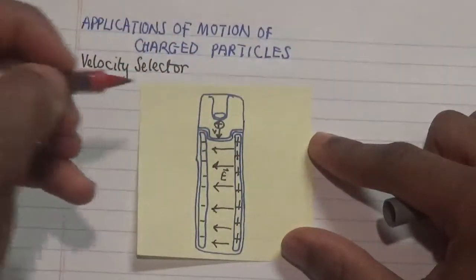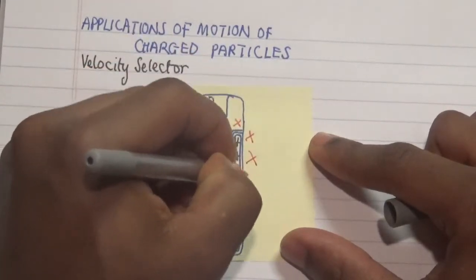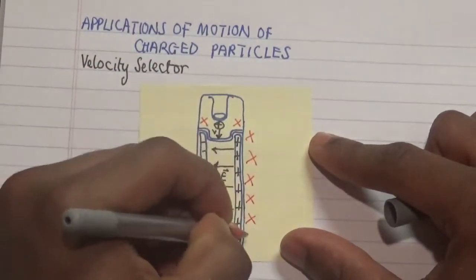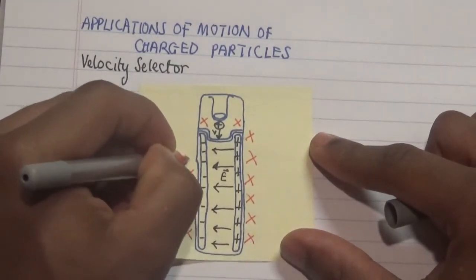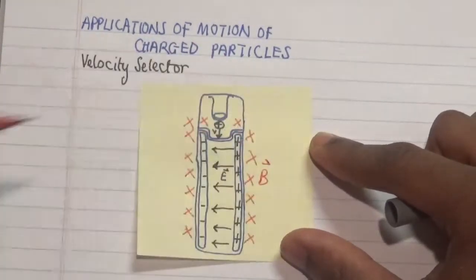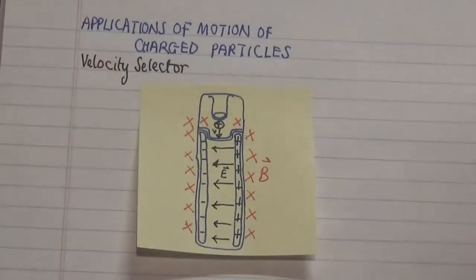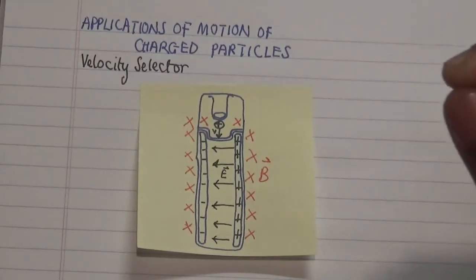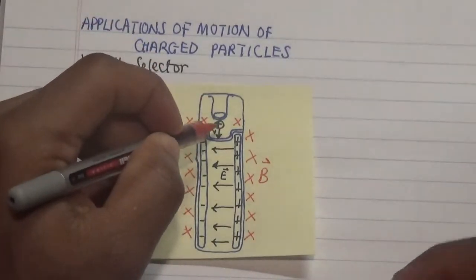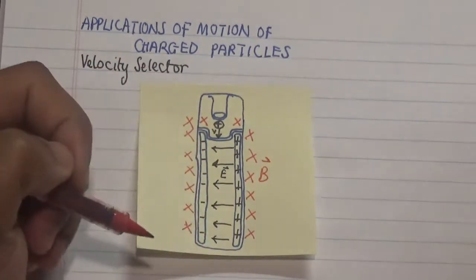The magnetic field is around this particular channel chamber, and it's pointing into the page, which is represented as X in here. So once I introduce that, I can combine both properties into this chamber and subject my third property, which is a positive quantity of charge, that will go in through this channel.